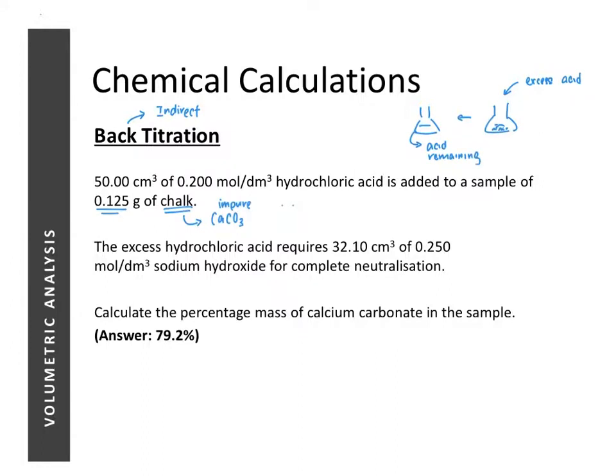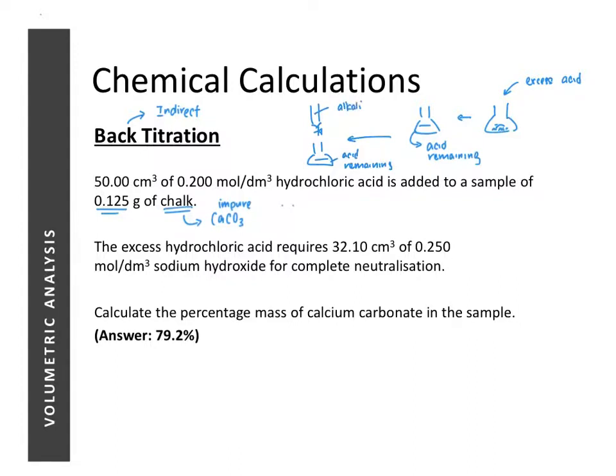So now we'll perform a titration to find out how much of the acid is remaining. And how do we do that? We find the volume of alkali that's needed.